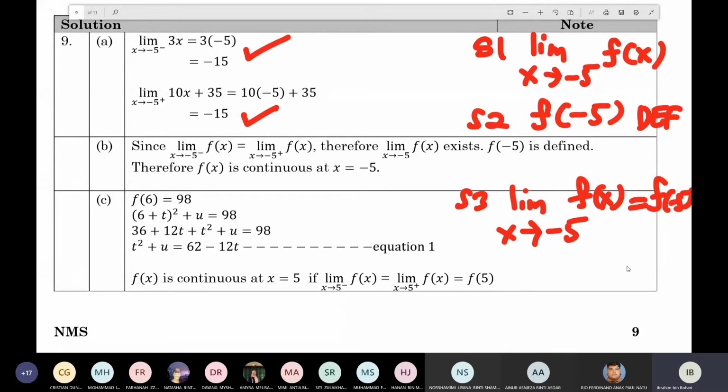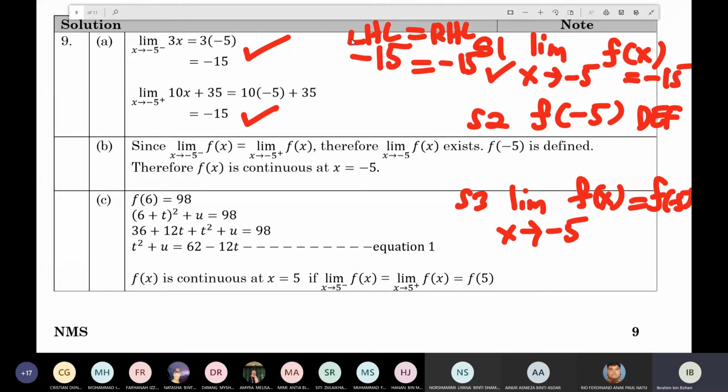You compare the left hand and the right hand limits. Left hand limit here equals -15, and then the right hand limit here equals -15. So limit of f(x) here exists and equals -15. Okay. First step here, okay.